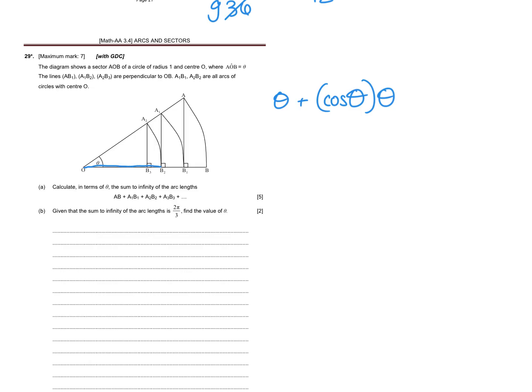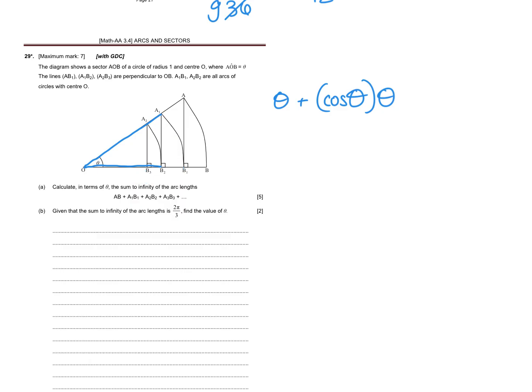Okay, so now if we do the next one, we need this length. So that means we need this. Because we know this thing was cosine theta, that whole thing. We need this new radius, which is from here to here. And we know the hypotenuse in terms of theta. So this distance is going to be the adjacent, because this is the right angle.